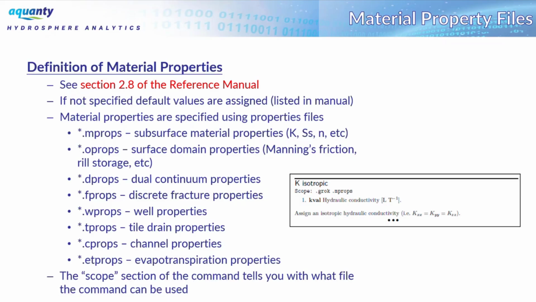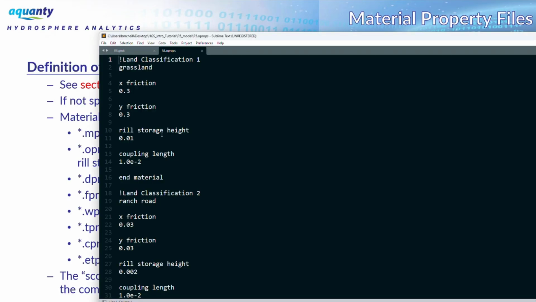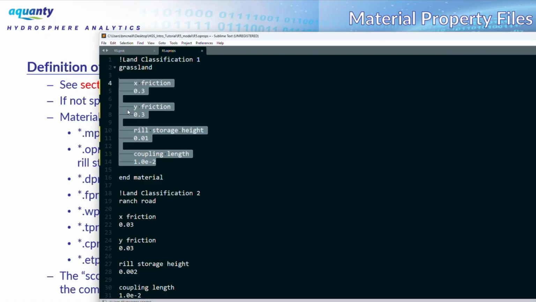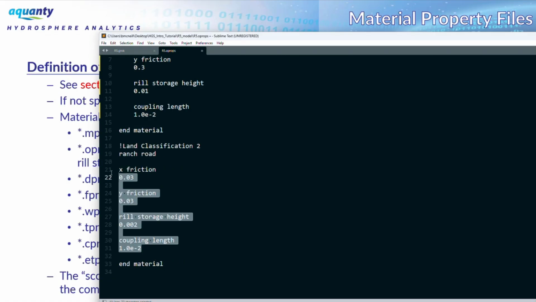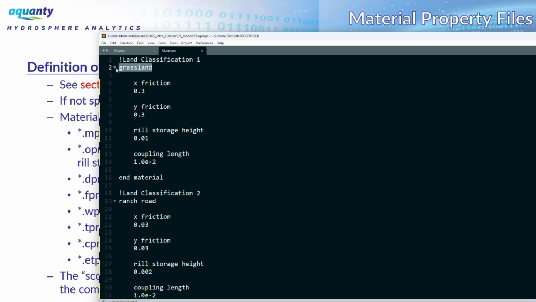If we look at the OPROPS file for our particular project here, we will see that it has 2 materials, a material called grassland and another material called ranch road. The materials themselves are user defined. HydroGeoSphere doesn't have a dictionary or anything in the background where it knows what grassland is.